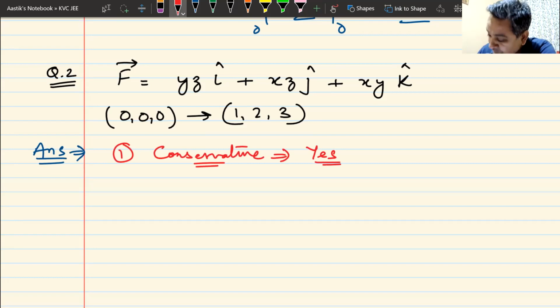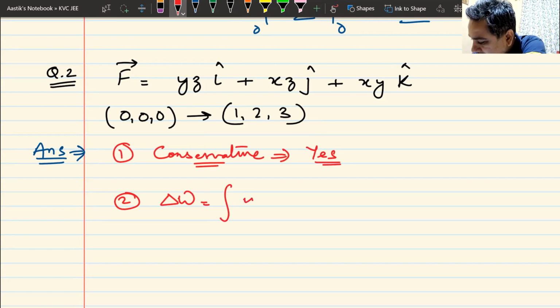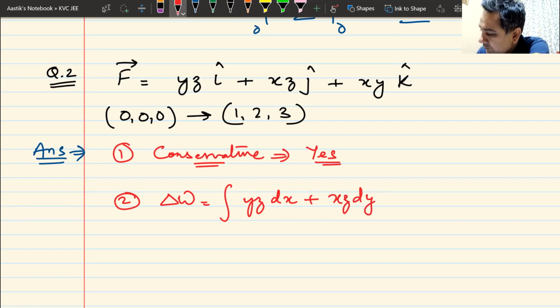Well done. The next step would be to write the work done, and the work done in this case would be the integral of yz dx plus xz dy plus xy dz. Now again, instead of two problems, I have three problems.